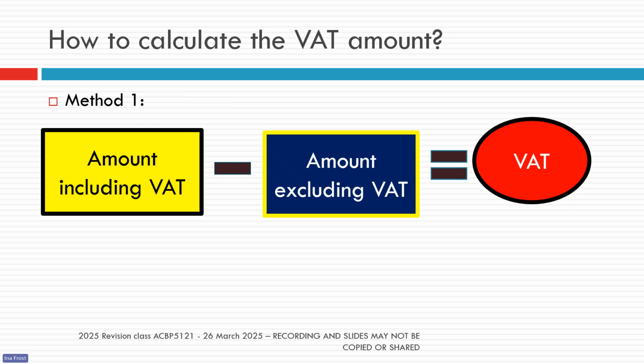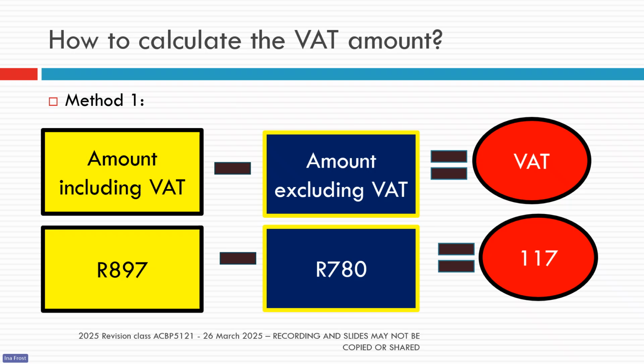If I take my VAT including amount and subtract the VAT excluding amount, that gives me the VAT. So my original price of 897 rands minus the 780 we've just calculated gives me a VAT of 117 rands. This is by far probably the easiest way, where you just subtract the amount including and excluding VAT.